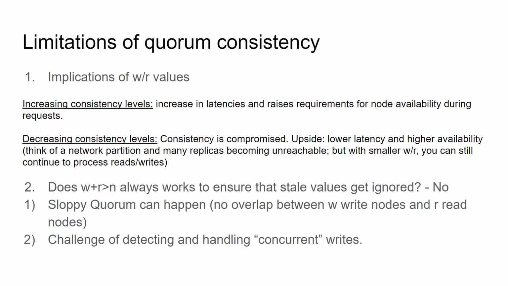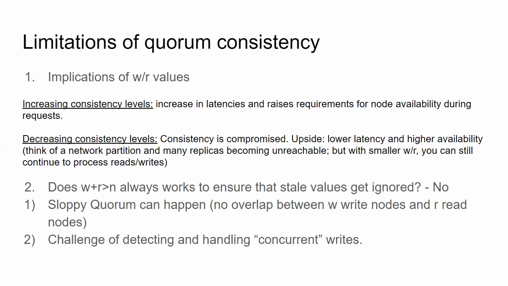You can't confirm a write request to be successful unless you hear from all of them. So if one is slow in responding, even though it's working, it's not a failed node. Yeah, right. Okay. Does that make sense? Yeah, that makes sense.